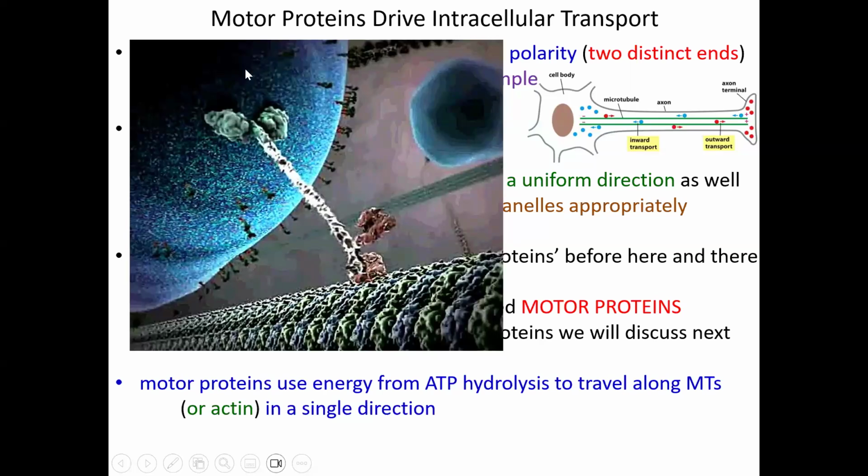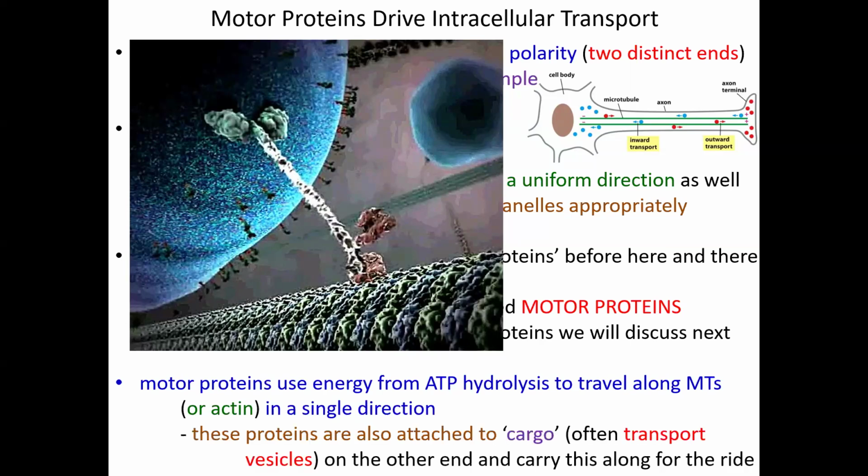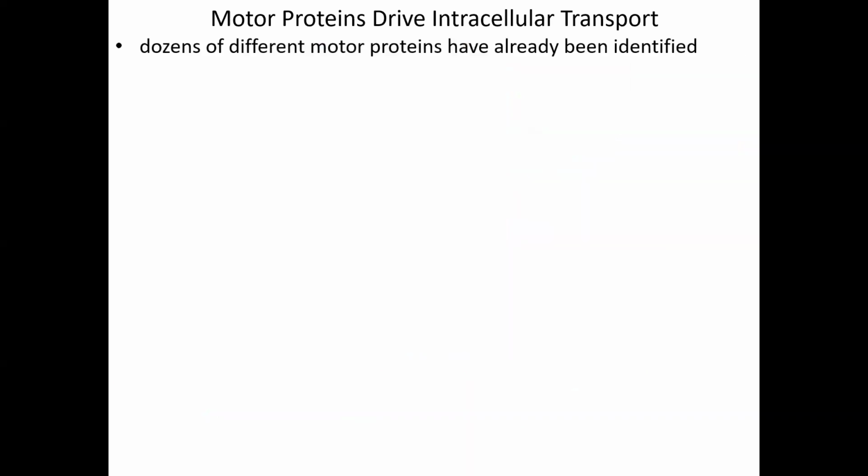The motor protein is bound to the vesicle on one end, and the other end of the motor protein walks. I kid you not, it walks. It walks along the microtubules in a specific direction. And that is vesicle transport. That's how vesicles, once they're formed, make their way to the destination for docking and fusion.